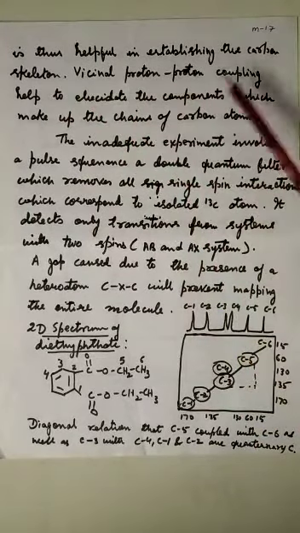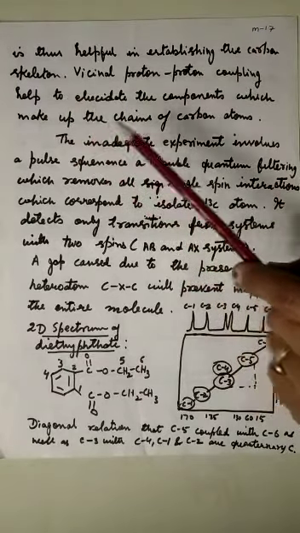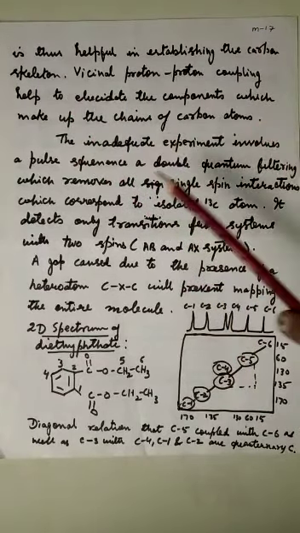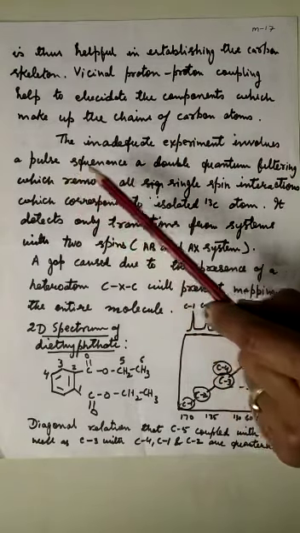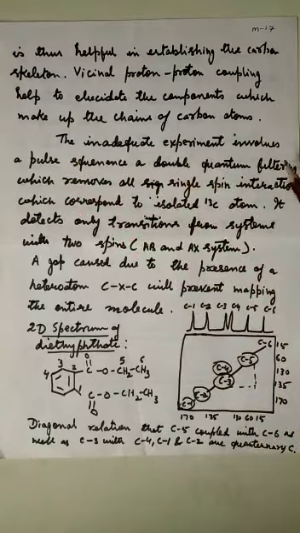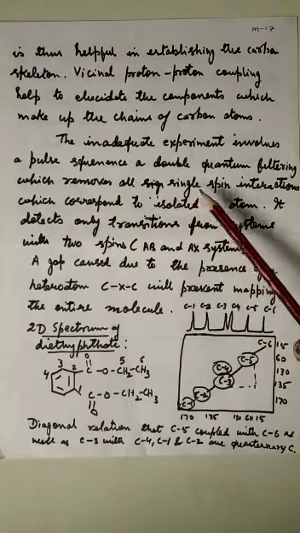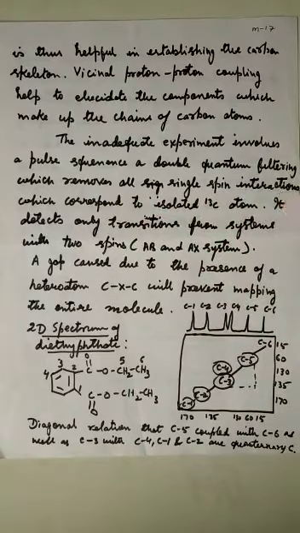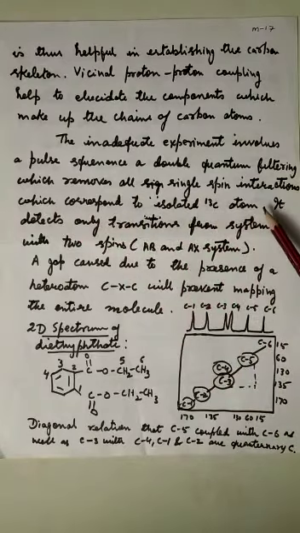The vicinal proton-proton coupling helps to elucidate the components which make up the chain of carbon atoms. The INADEQUATE experiment involves a pulse sequence, a double quantum filtering, which removes all the single spin interactions which correspond to the isolated C13 system.